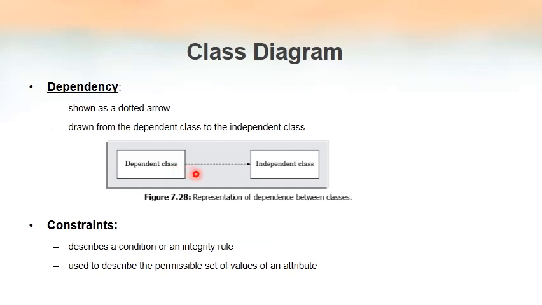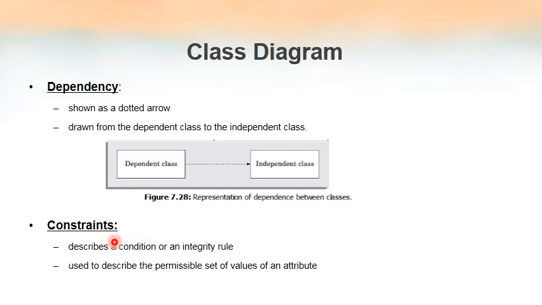Then constraints. Constraints means conditions. Within a class, some attributes may take some values based on some conditions. Such conditions are what we mean by constraints, and we use them to describe the permissible set of values of an attribute.